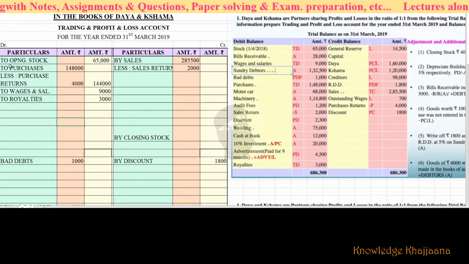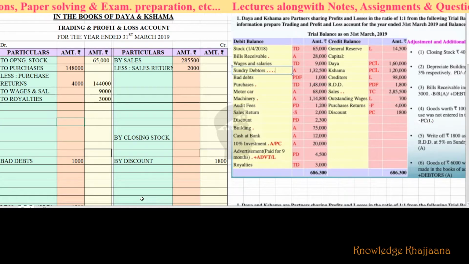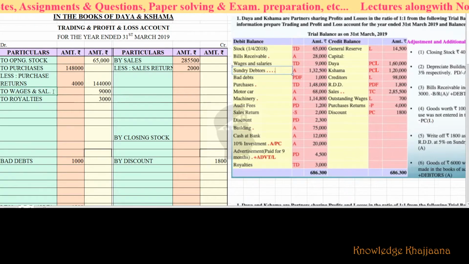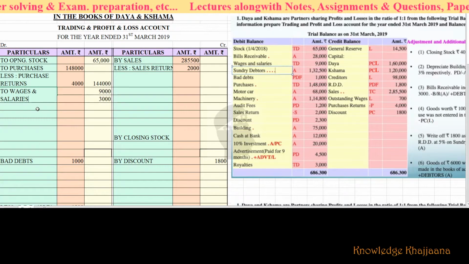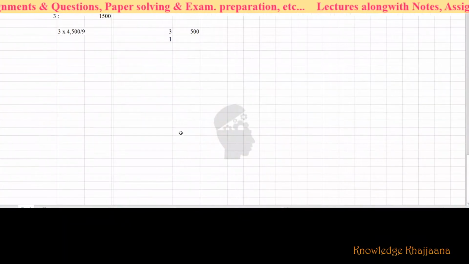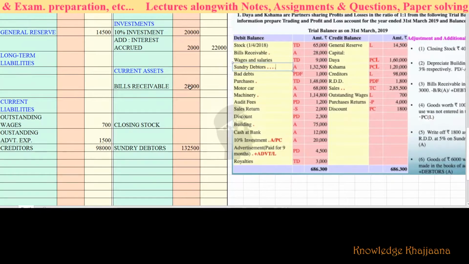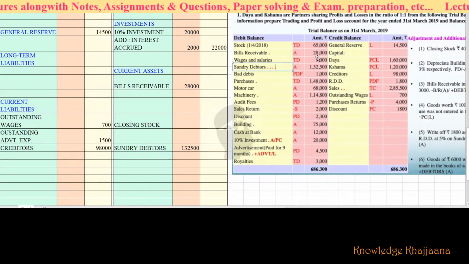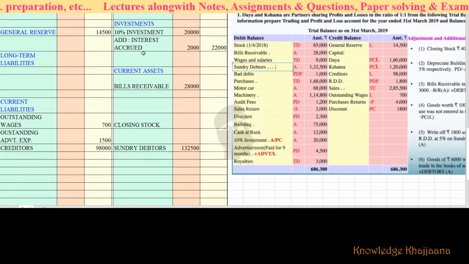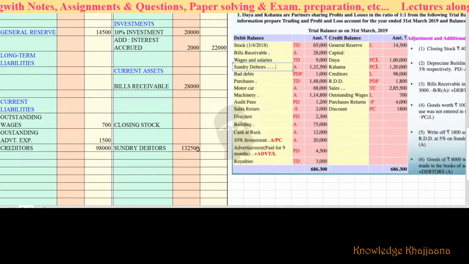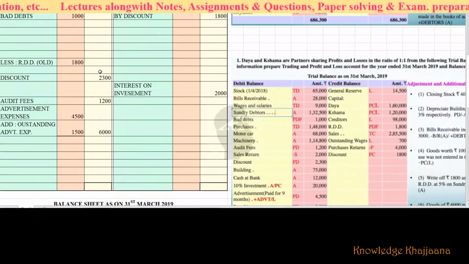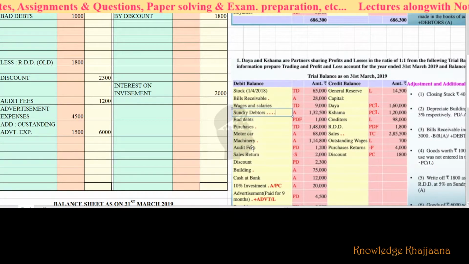Let's see once again. Opening stock, bills receivable, wages and salaries. Bills receivable 28,000 we have recorded. Then wages and salaries we had recorded. Sundry debtors of rupees 1,32,500 we have recorded. Bad debts of rupees 1,000 we have recorded.